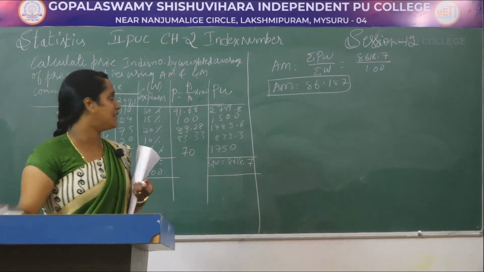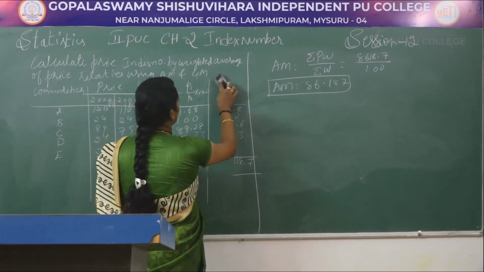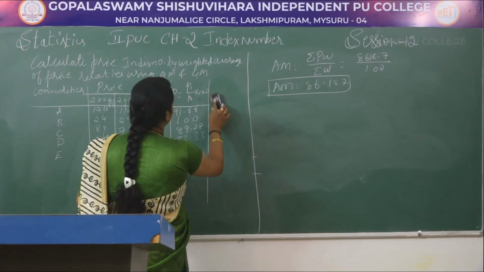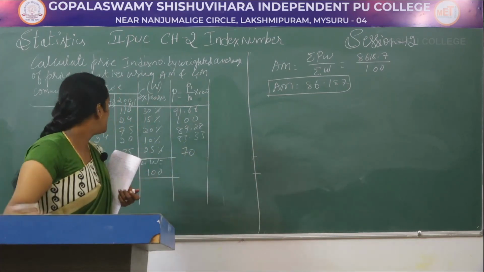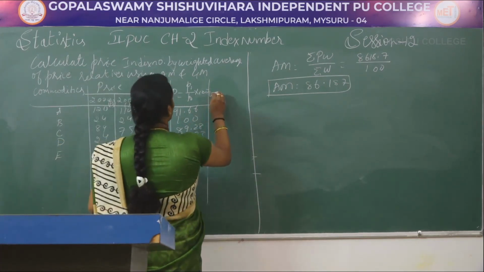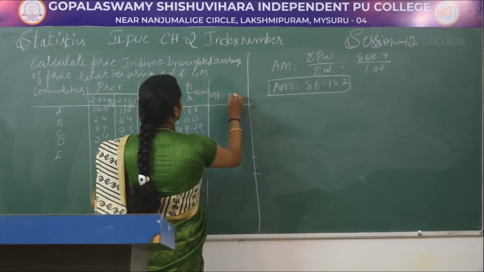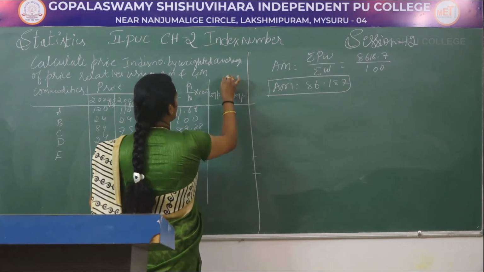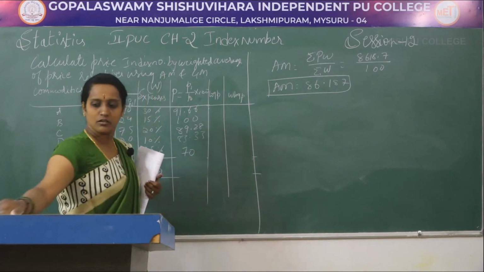Next, we have to calculate the GM. To calculate GM, we want two columns. One is log P, another one is W into log P. So, I am adjusting here.